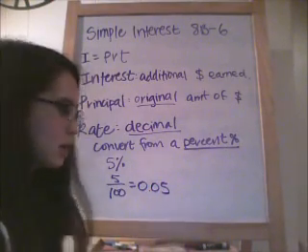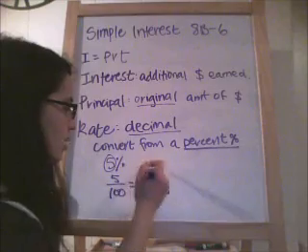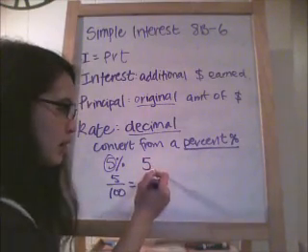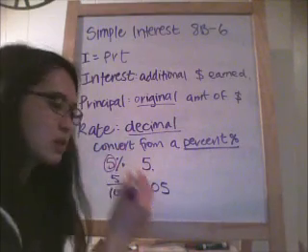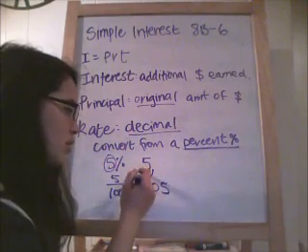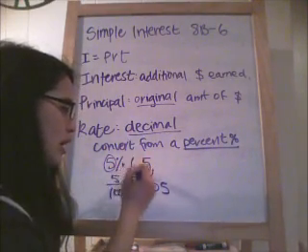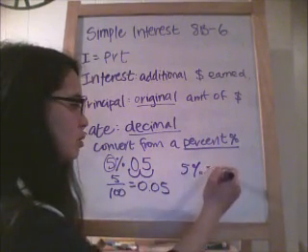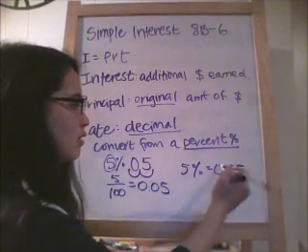Or the shortcut is to just take this number, we have the number 5, the decimal is originally behind the 5, and then move it 2 places to the left. So you move it 1 place over, you move another place over, and then you add a 0. So either way, you get 5% equals 0.05.